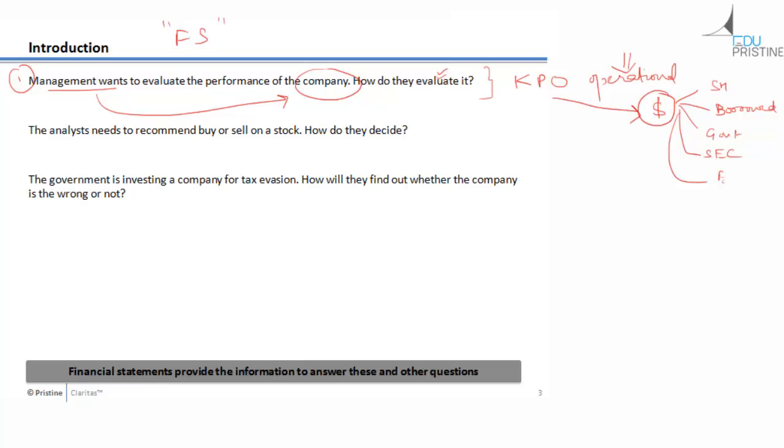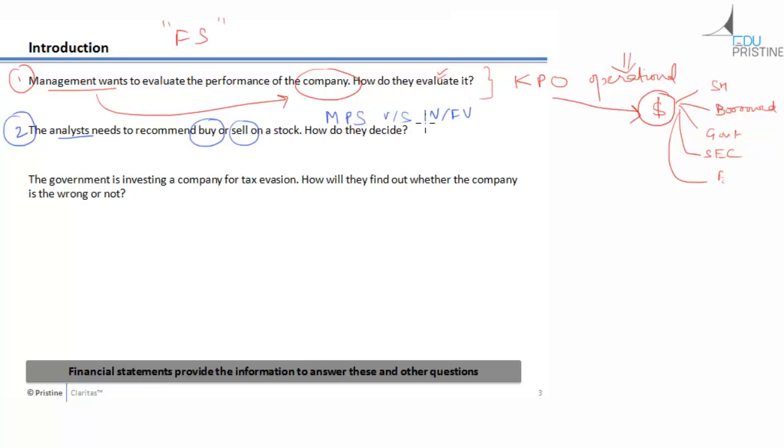The second such situation wherein you need a financial statement is when and how an analyst can finally recommend a buy or sell on the stock. Now there is no denying the fact that the same decision is taken by comparing the market price per share with the intrinsic value, which is also sometimes known as the fair value.